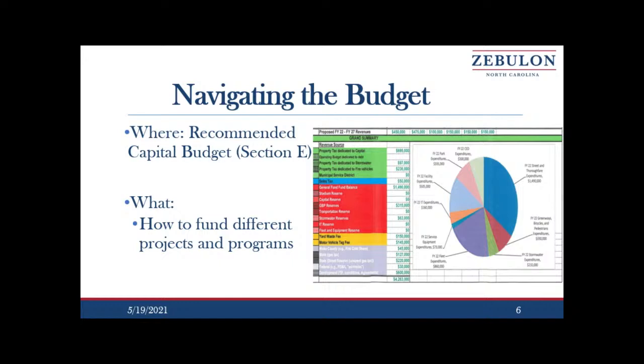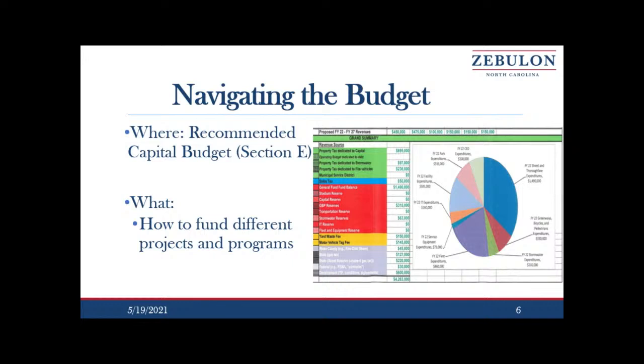And then finally, this is the capital budget. At the bottom of the last page of Section E, you're going to see a pie chart there. That shows you where the revenue is coming from and where it's going to within the capital budget. This, I think, is going to be useful for you if, for example, you want to change the scope of a project or you want to drop a project.